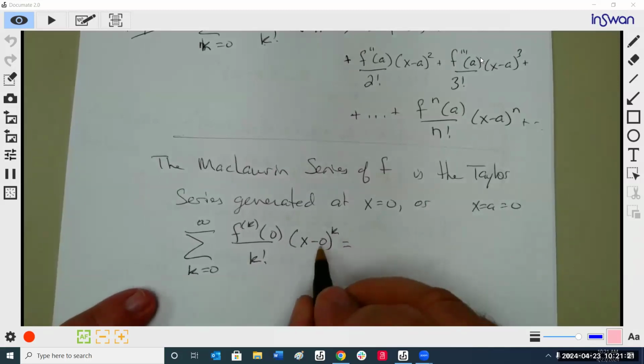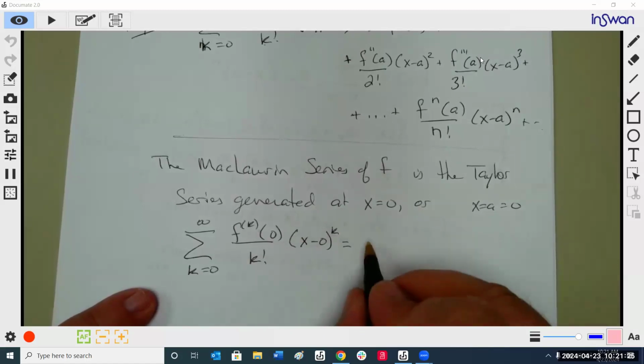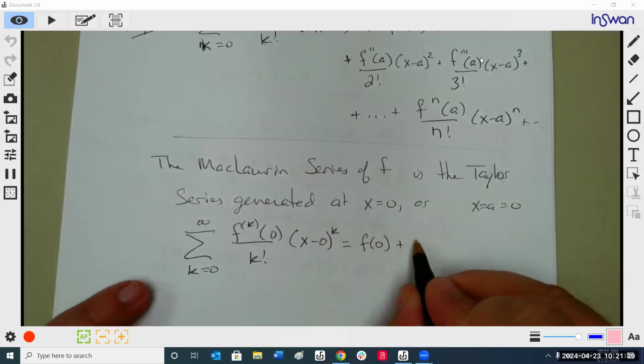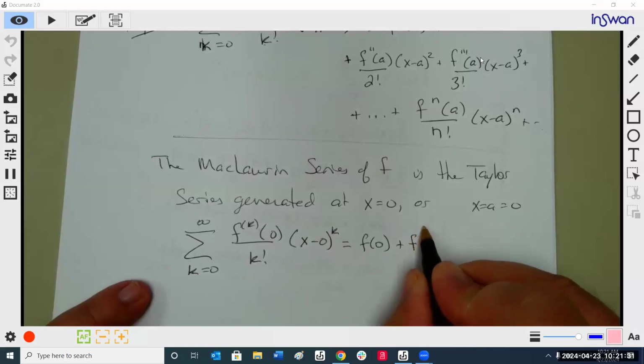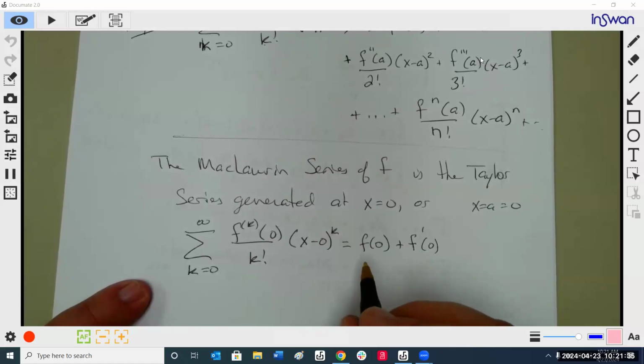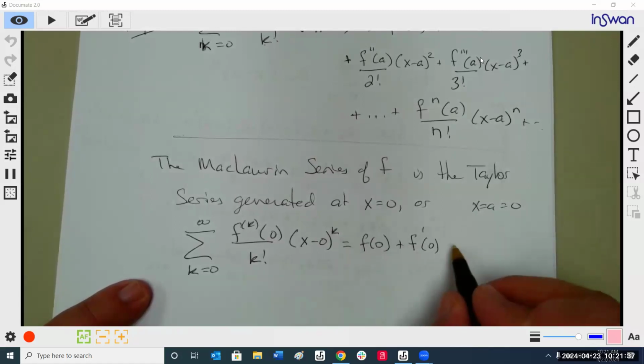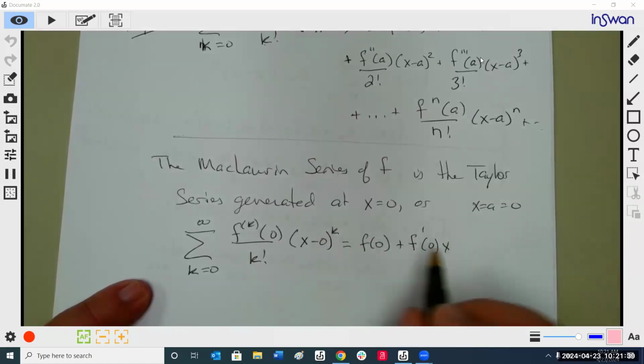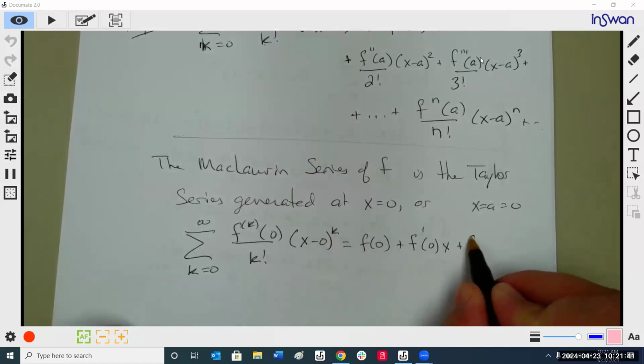So at 0, that goes away, that was 1, so it's f of 0. At 1, so it's f'(0) x over 1.